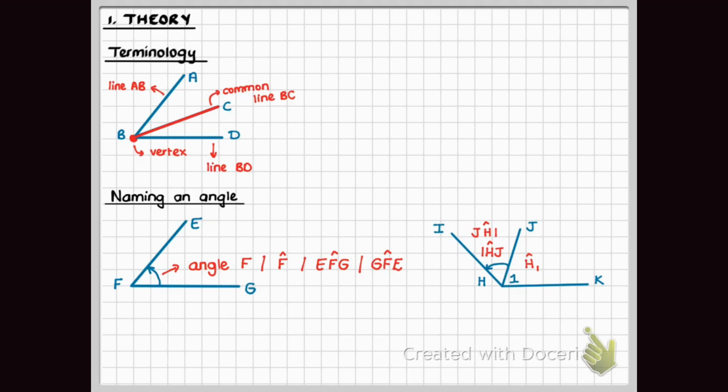If it's the whole angle, then you can call it angle F, like in case number 1. But if it's case number 2, where we are referring to a part of an angle, you have to specify between which 2 lines that angle lies, and therefore you have to specify whether it is IHJ or JHK, depending on which angle you are referring to.